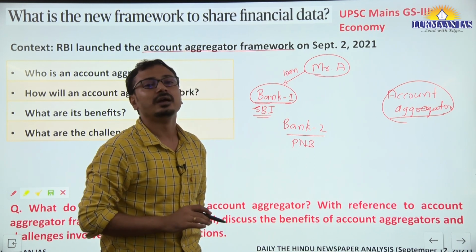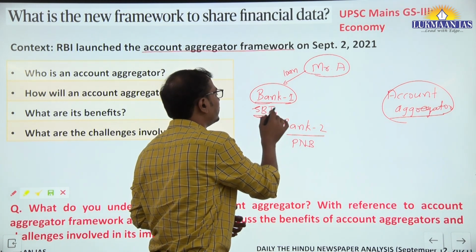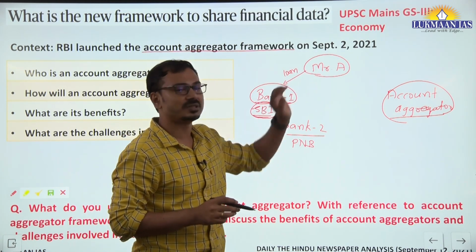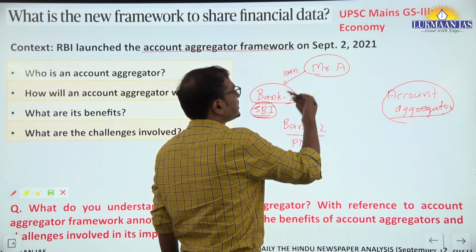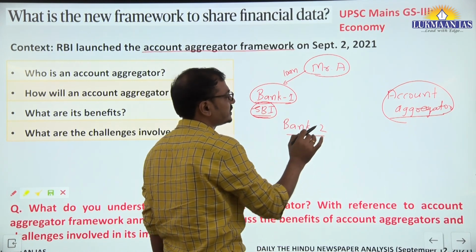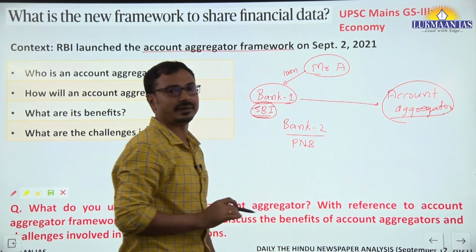So for taking an informed decision while giving the loan to Mr. A, the data from all banks and all financial information of Mr. A is required.